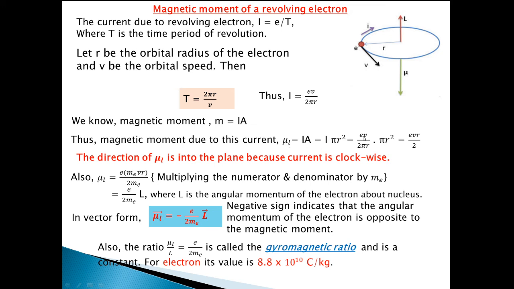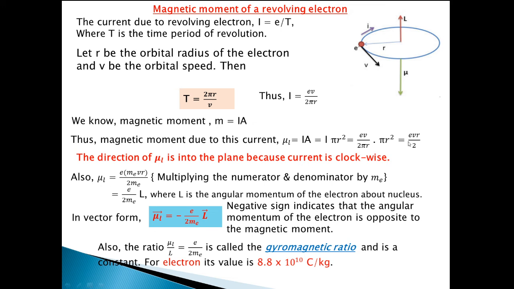So mu L equal to e v by 2 pi r into pi r square, that is e v r by 2. The direction of mu L is into the plane because the current is clockwise. So the direction of the magnetic field is into the plane, and so is the direction of the magnetic moment.